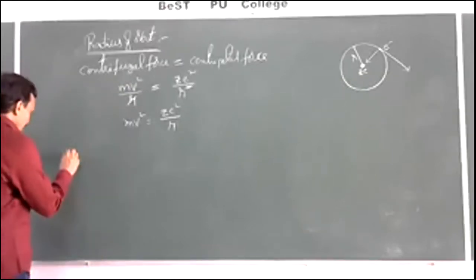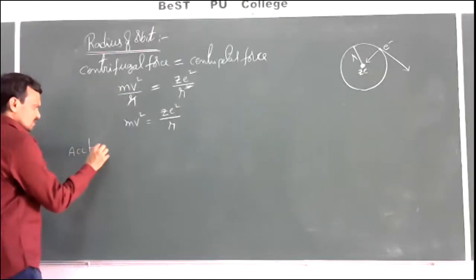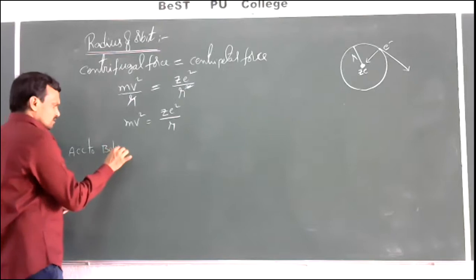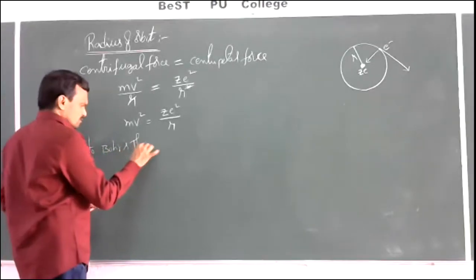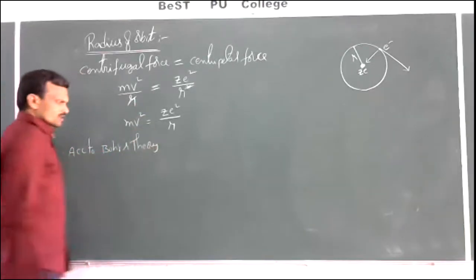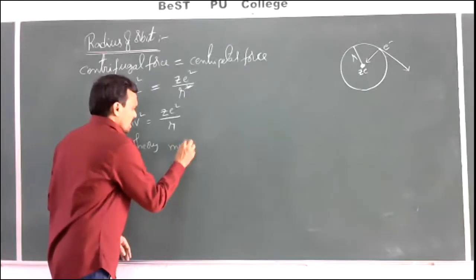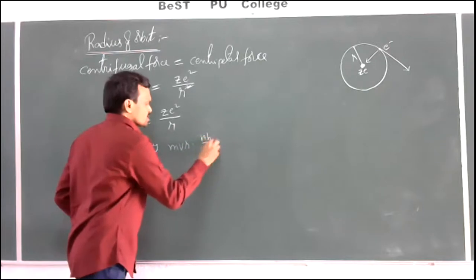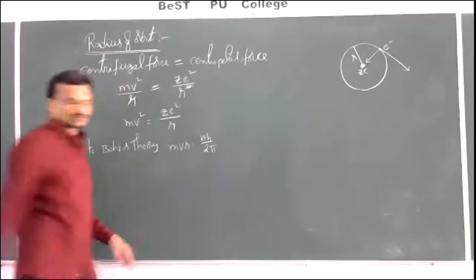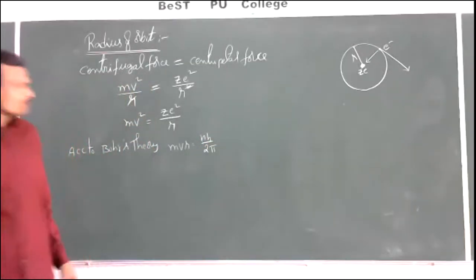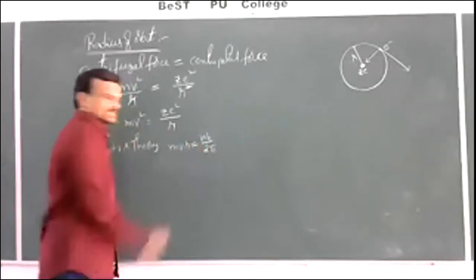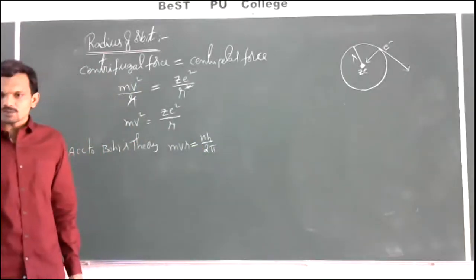Now, according to Bohr's theory, we know that mvr is equal to nh by 2 pi, meaning the angular momentum of the revolving electron is an integral multiple of h by 2 pi.